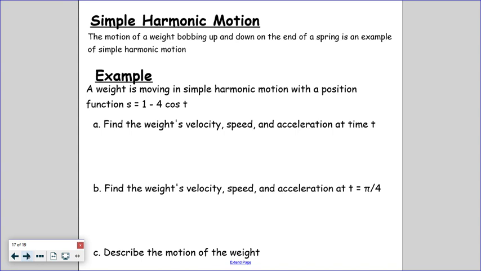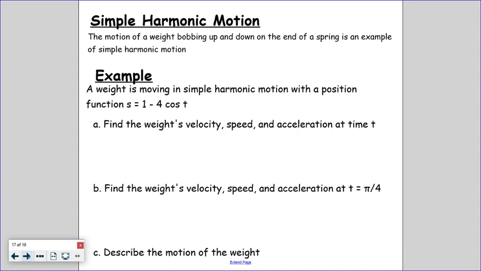Harmonic motion is used to model things like the rise and fall of the tide, the rise and fall of the sun, the rise and fall of the temperatures throughout the year. If we were to track the averages, they rise and fall throughout the year. That's harmonic motion. It is modeled using trig functions because trig functions also have that rise and fall to them.